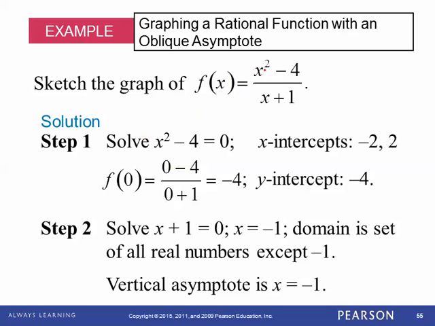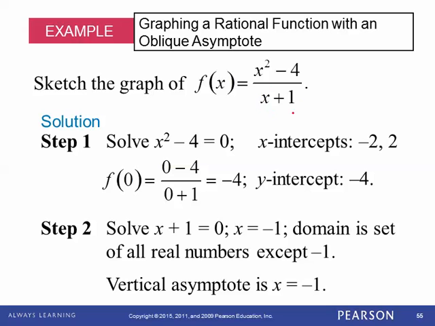For the x-intercept, I'm going to look for when x squared minus 4 is set equal to 0. It equals 0 when x equals 2 or negative 2. Plug in a 0 for the x. That becomes 0, that becomes 0, that becomes negative 4 over 1, or negative 4 for the y-intercept. Alright, do we have a vertical asymptote?